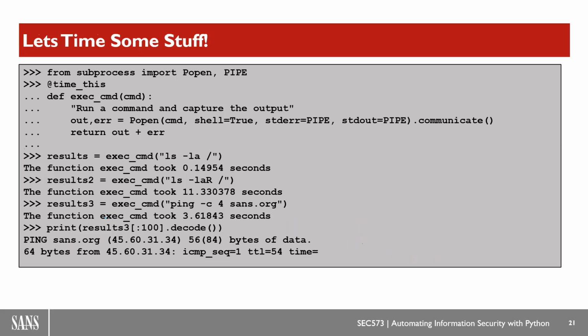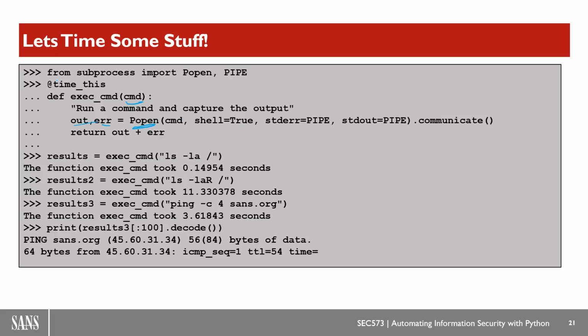So I need a function that I can time. So let's create a generic function called exec command that takes in a command. This function will take in a command and store it in the variable cmd. It'll then call subprocess Popen to execute the command and pull the output of that command into the variables output and error, and then return the output.